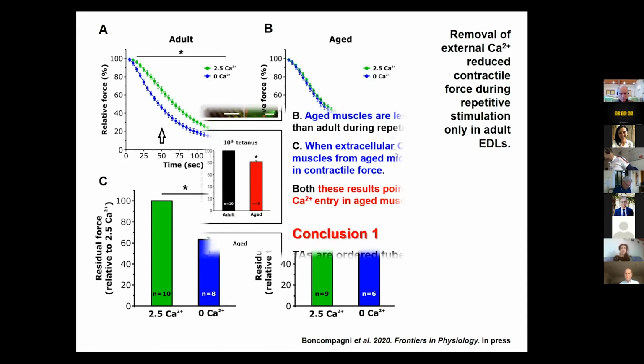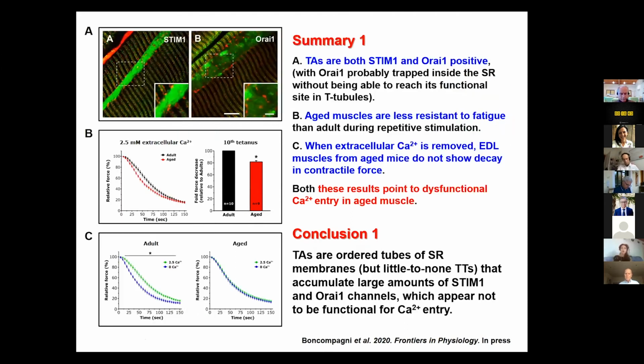So in this slide, I summarize the results from the first part of my talk. I show you that TAs are both STIM1 and Orai1 positive, with Orai1 probably just trapped within the aggregate, without being able to reach the tubules. I show you that aged EDL muscle are less resistant to fatigue than adult in presence of extracellular calcium.